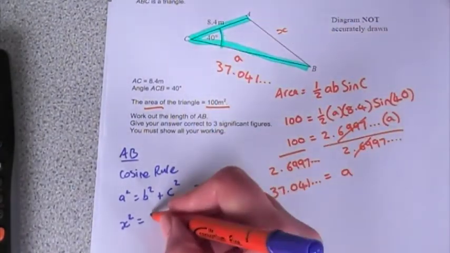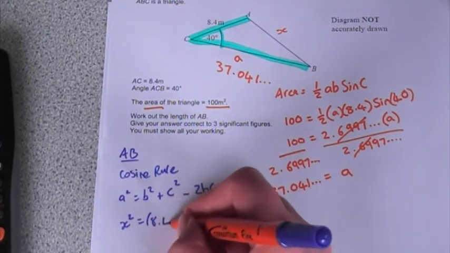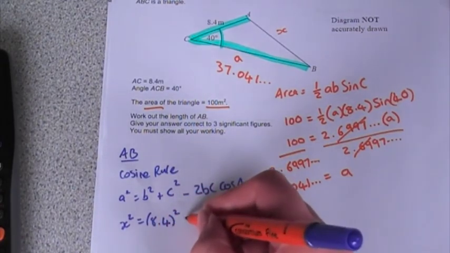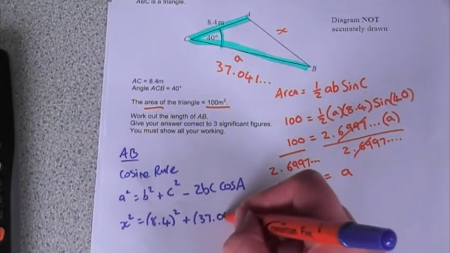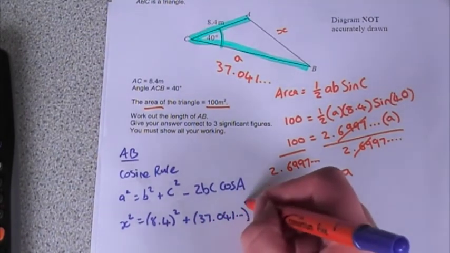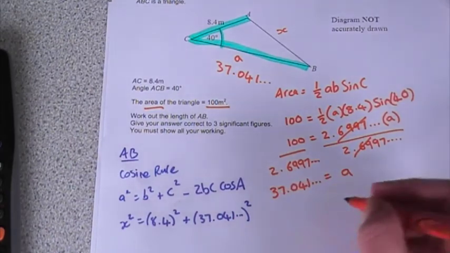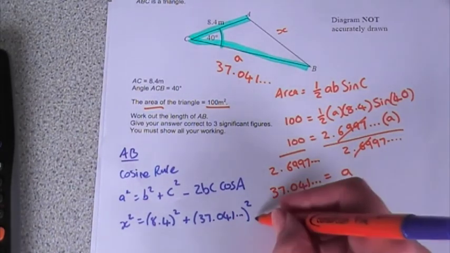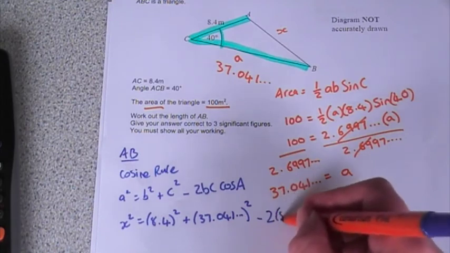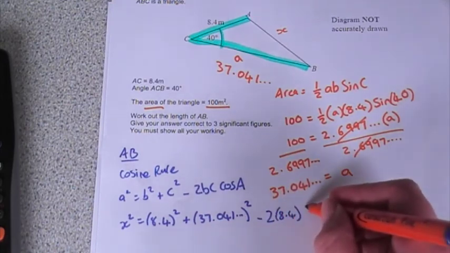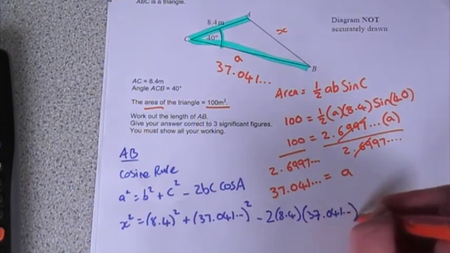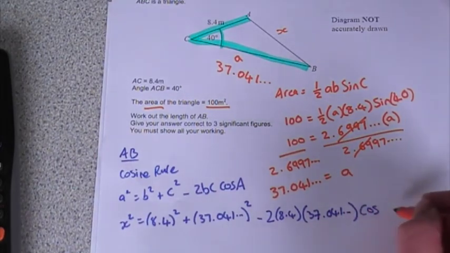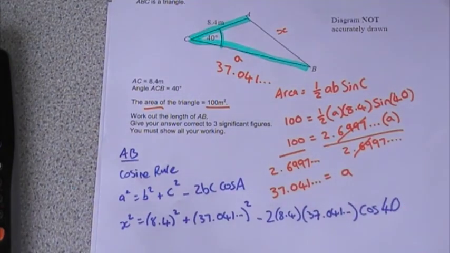So I'll go for the 8.4 first. 8.4 squared plus 37.041... squared minus 2 times 8.4 times 37.041 cos an angle A, which is 40.